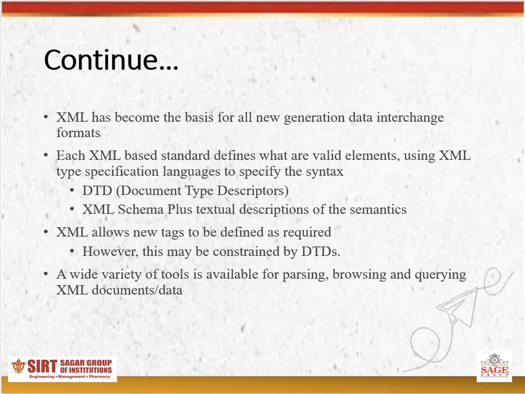XML allows new tags to be defined as required according to the need of the application. The user can do it, however, this may be constrained by DTDs, but the constraint is implemented by document type definitions in order to make the document valid and to make the elements valid.